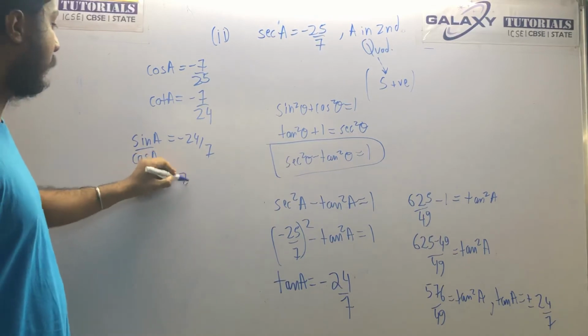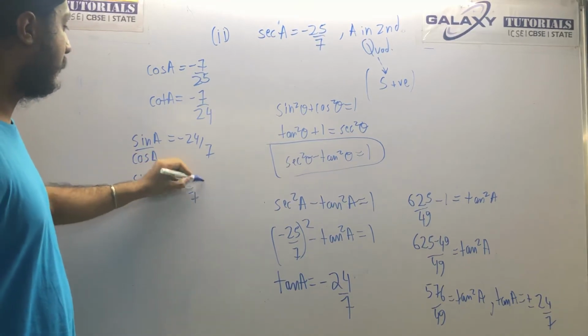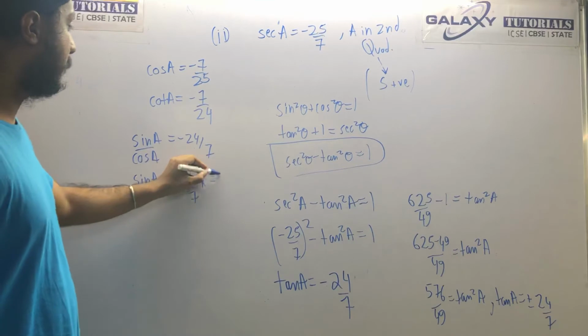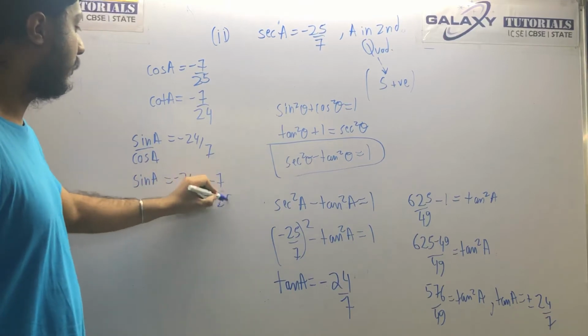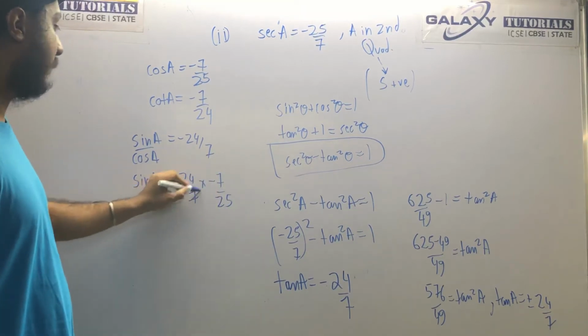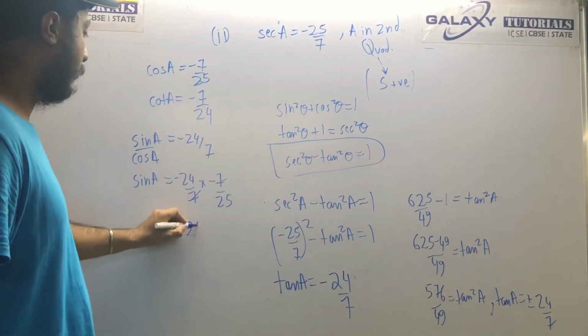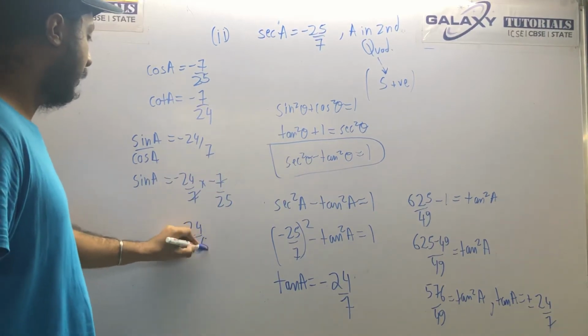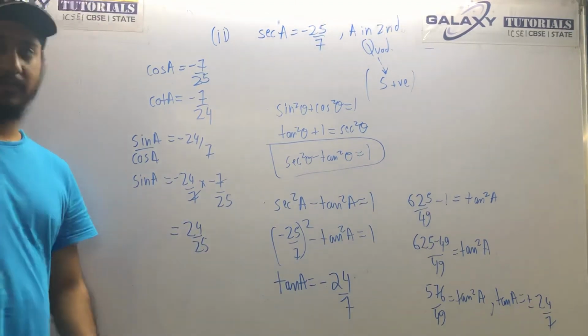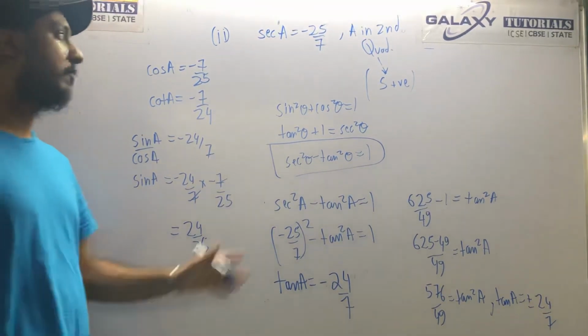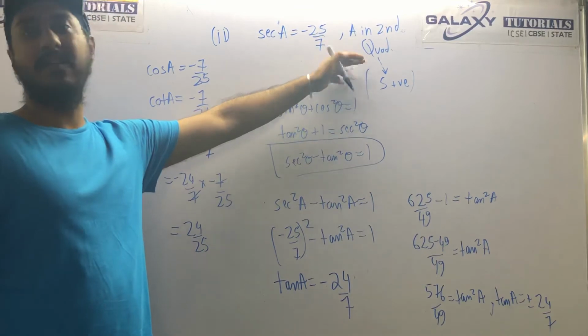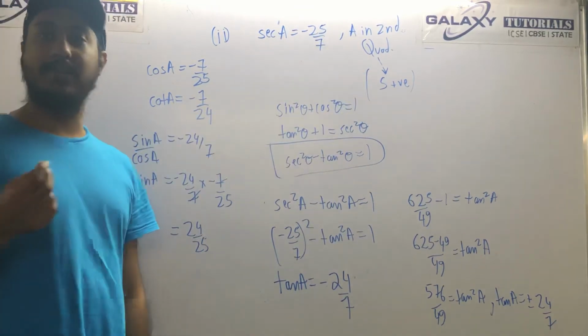So when you multiply 24 by 7 into minus 7 upon 25, 7 cancels, minus minus is plus, so this will come out to be 24 upon 25. See, it automatically comes out positive. Why? Because it's lying in the second quadrant. In the second quadrant sine is positive.